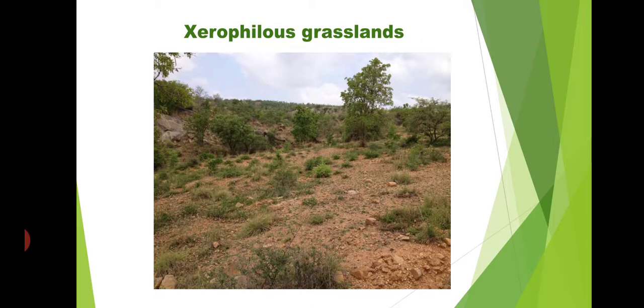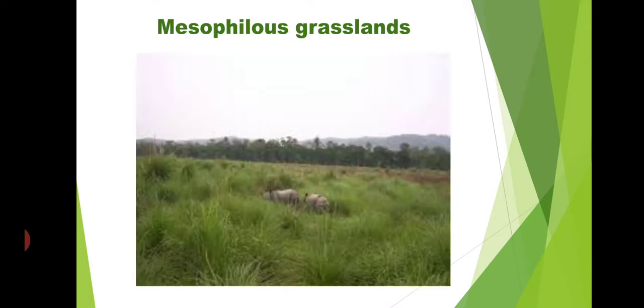These are some Poaceae members, that is, grass types, normally found in desert climatic conditions. So the grassland with such desert climatic conditions and xerophytic plants is called xerophilous grassland.